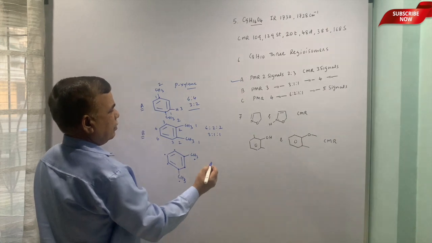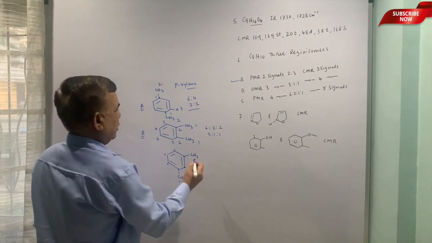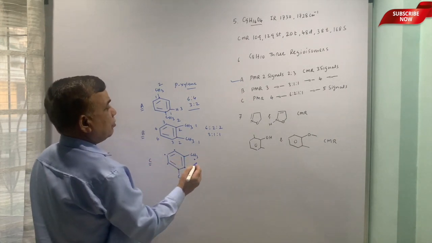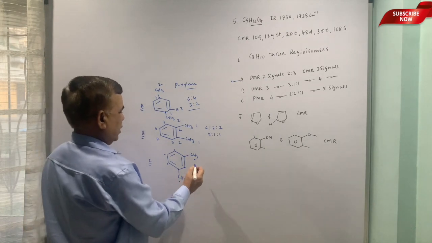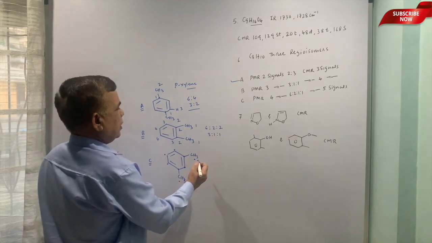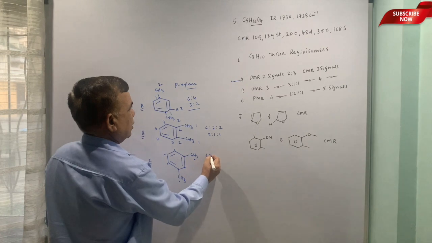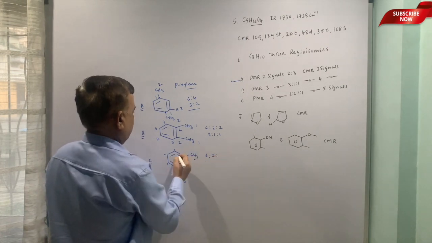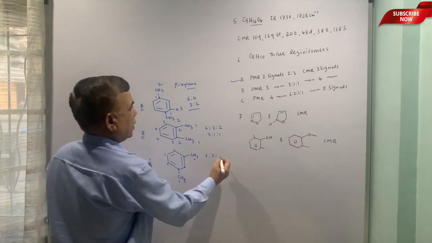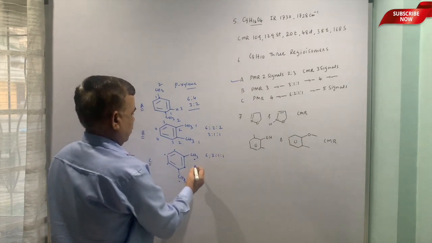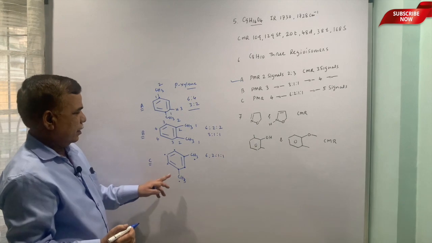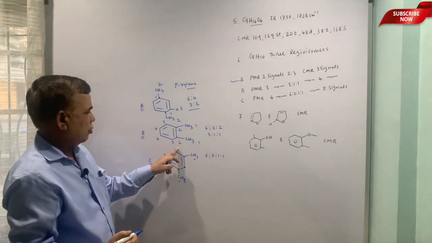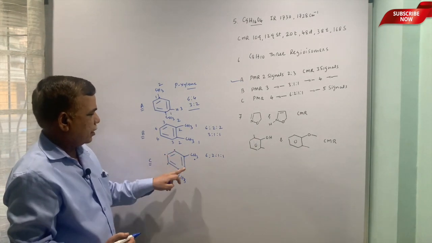So, 5 signals for carbon. And now let us talk about proton. Proton 6:2:1:1. So, 6 these are identical, 6:2, these are 2:1:1.